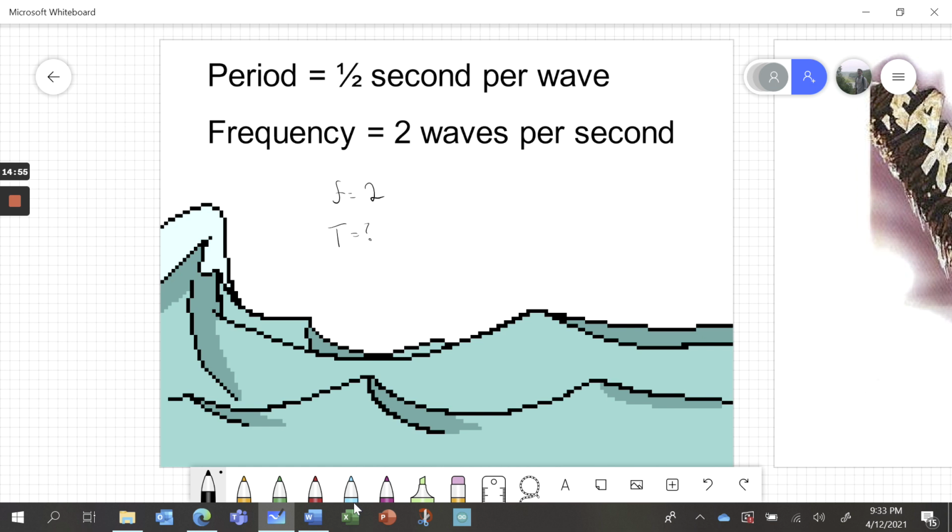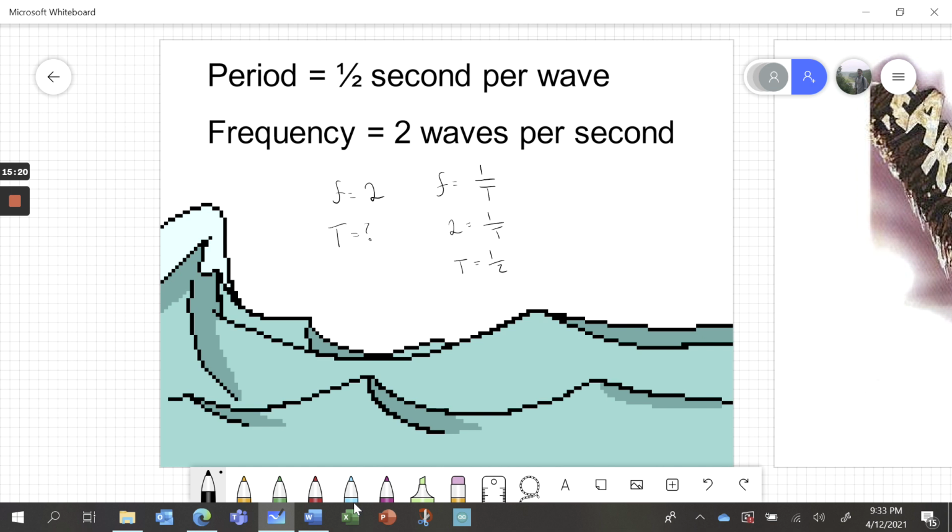If we plug it into our equation, frequency is equal to 1 over period. Plug in our numbers. 2 is equal to 1 over t. Solve for t. There you go. The shortcut is just to flip the number.